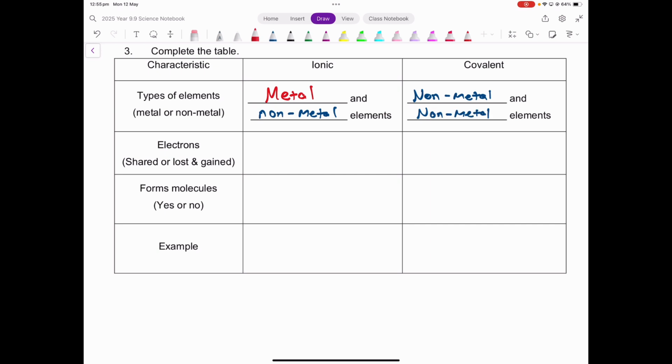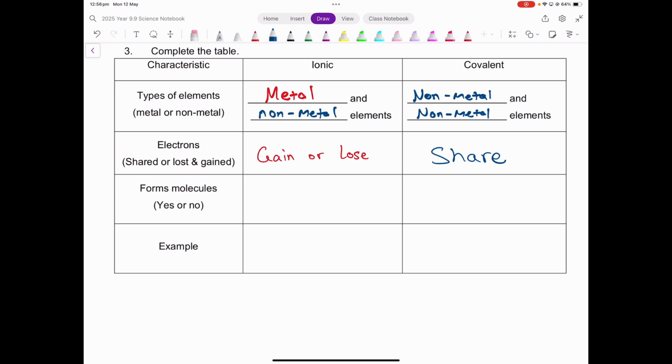Now, in terms of their electrons, when we talk about ionic, they can either gain or lose electrons. So sodium, for instance, likes to lose 1 electron, making it +1. Chloride likes to gain 1 electron, making it -1. What about covalent? They like to share their electrons around, so that everyone gets an even share of those electrons.